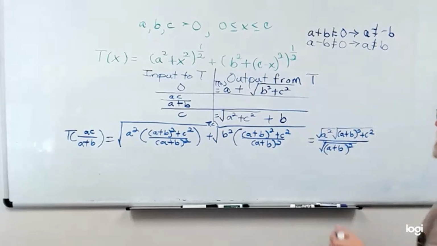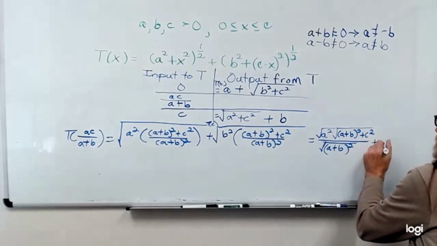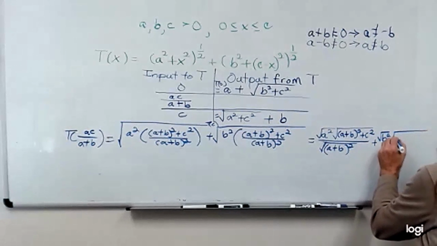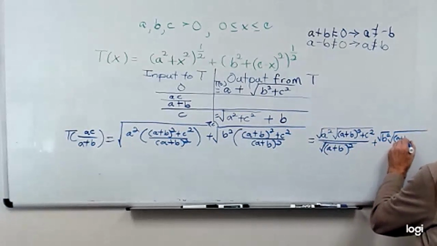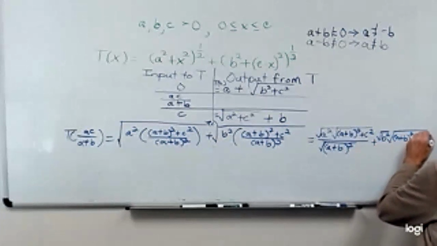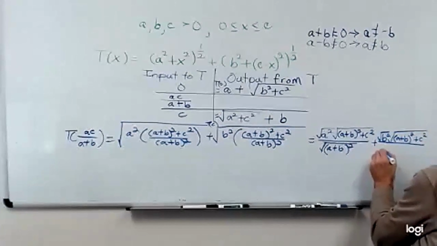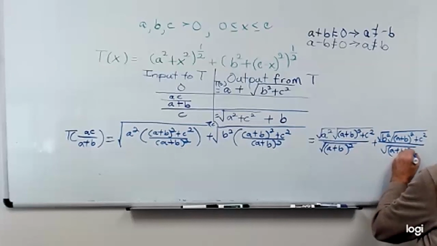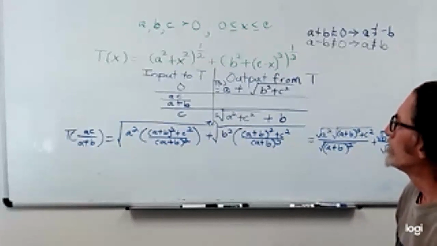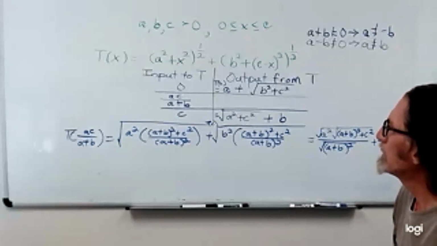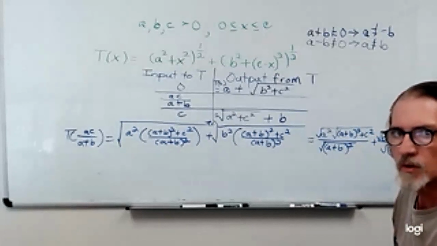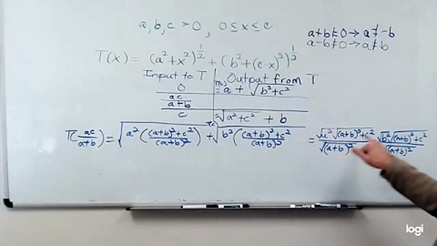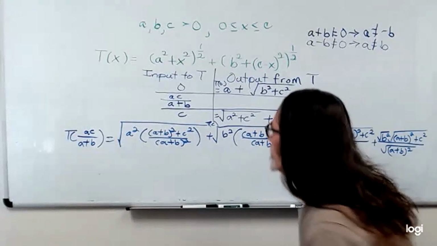Do the same for the second square root. Because A and B are strictly positive, A plus B will also be strictly positive. So take the square root here, here, and in the denominator, here's what we see.